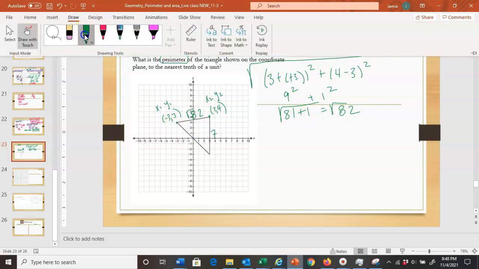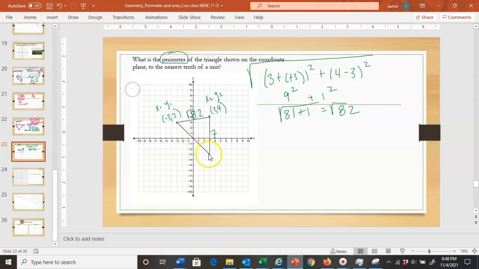Now let's do the distance between the other two. This is 3, -3. Since I already called this x1, y1, I'll call this x2, y2. So we'll start with 3 minus -3 plus -3 minus 3. All these 3's.